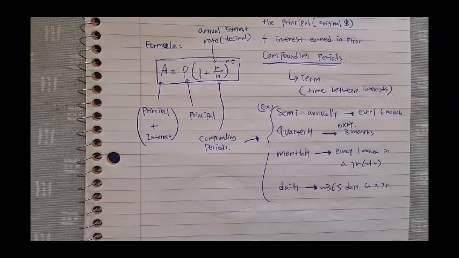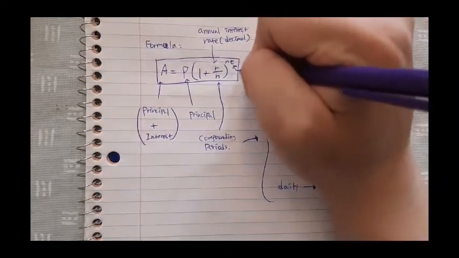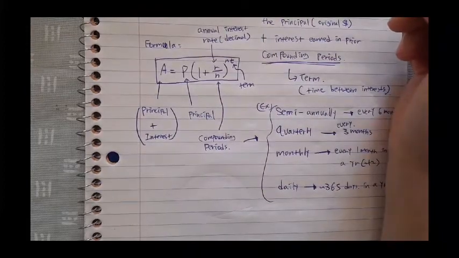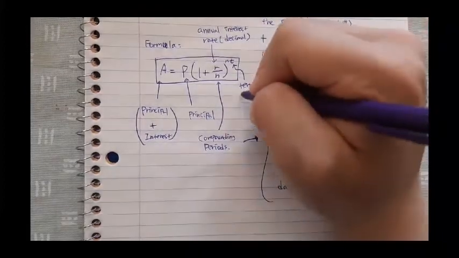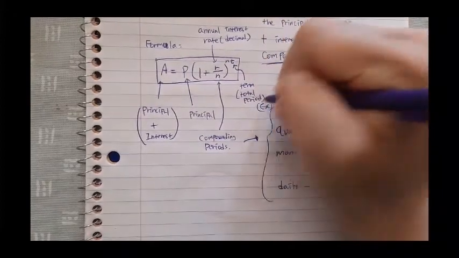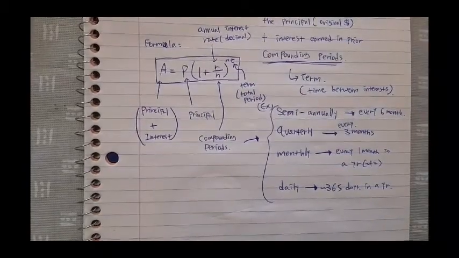The calculation will be different. t represents the term, the total period, so how long in total you are investing or borrowing, like with student loans.